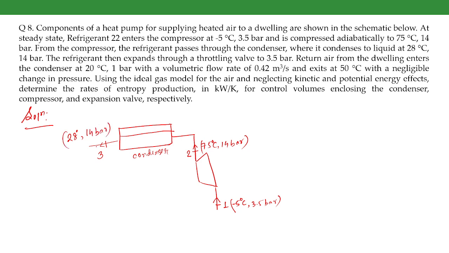Okay, now from the condenser, the refrigerant enters an expansion valve. Such that there is a throttling of the refrigerant, and due to throttling, the pressure returns from 14 bar to 3.5 bar, which is the pressure corresponding to the inlet state of the compressor.